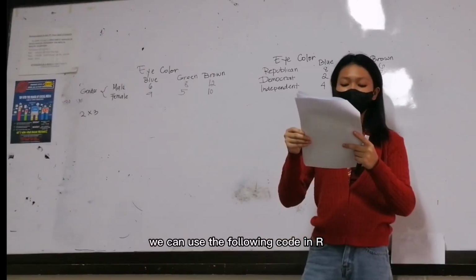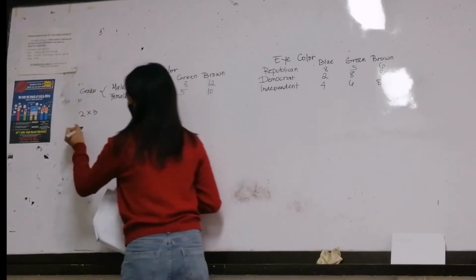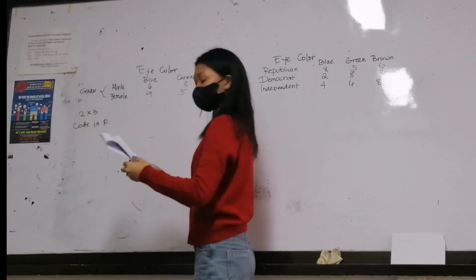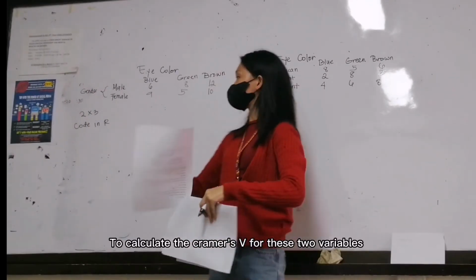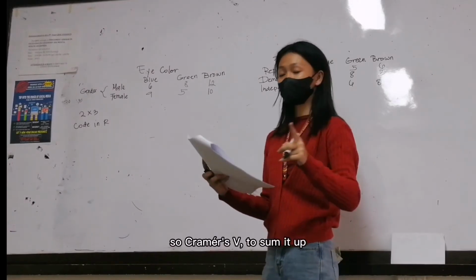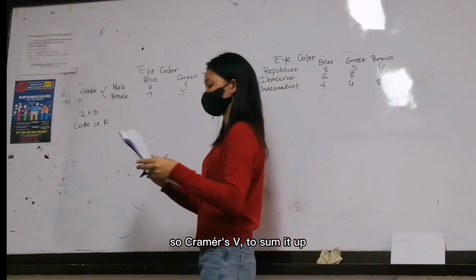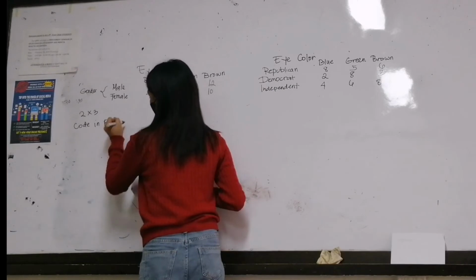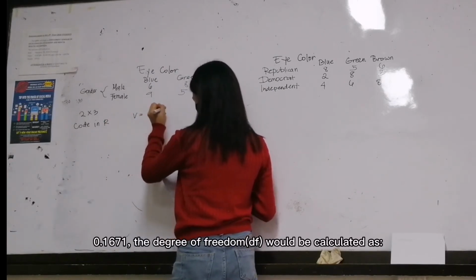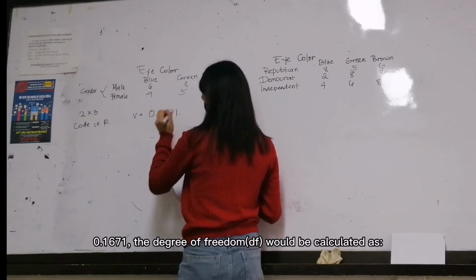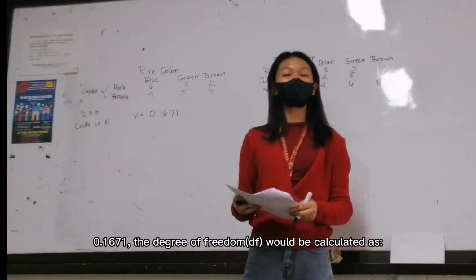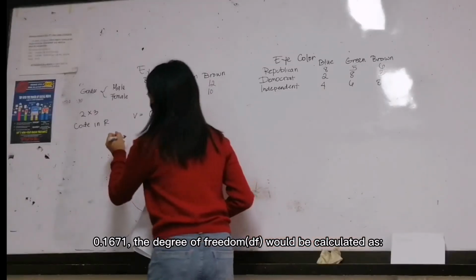We can use the following code in R to calculate Cramér's V for these two variables. Cramér's V turns out to be 0.1671.